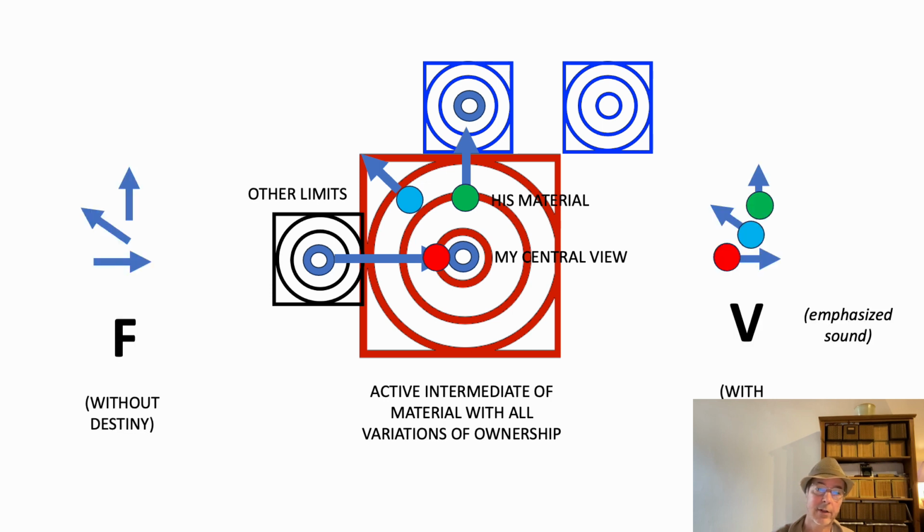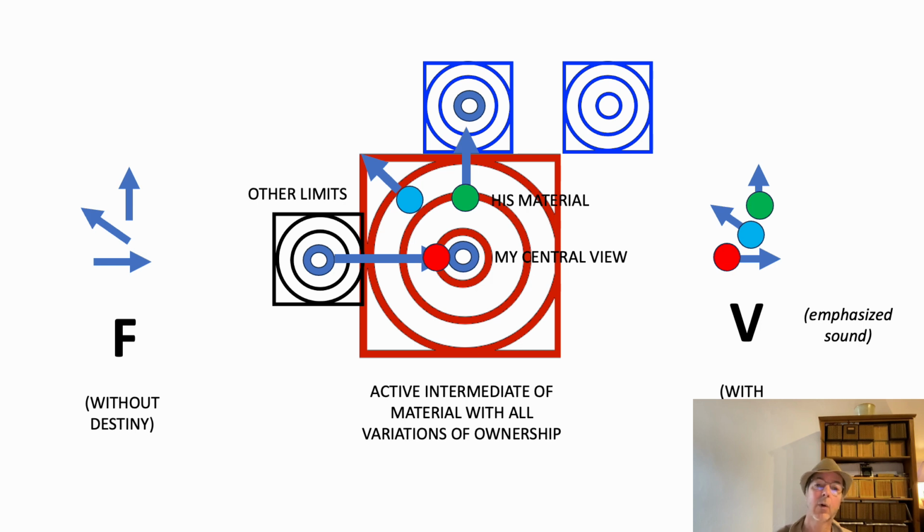And we have two kinds of sounds in this region that fit very well with it. The first one is the three directions, as you can see, that have no destiny at all. So a whole set of variations that are not interconnected. I already explained this as the F. There's no clear destiny in this.